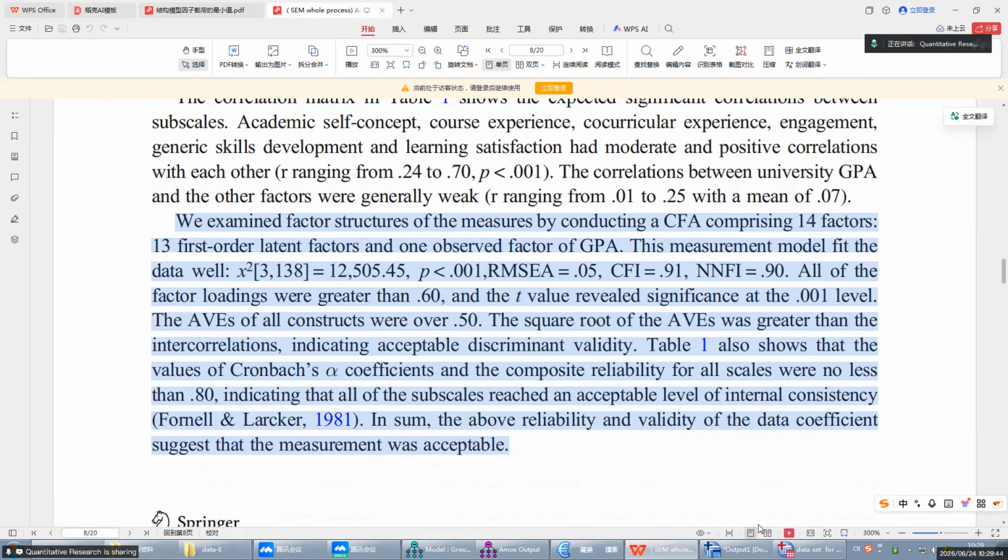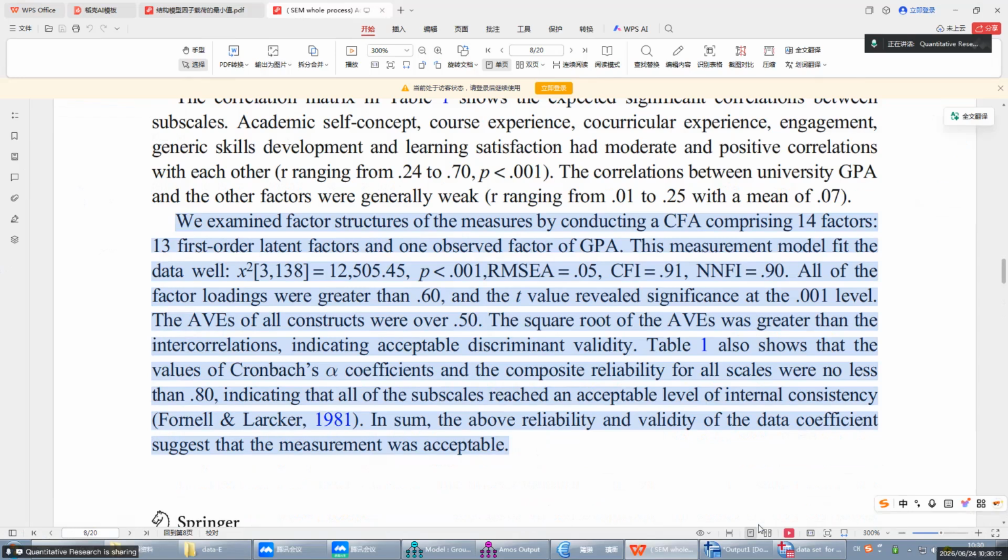But I don't think this is a good way of reporting indices, because we have to compute the ratio by our own. So the chi-square is this one. The degree of freedom is this one. So the ratio is what? The ratio is around 4, right?